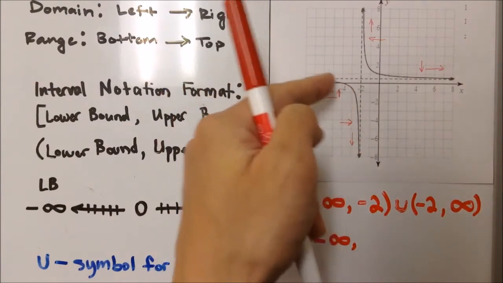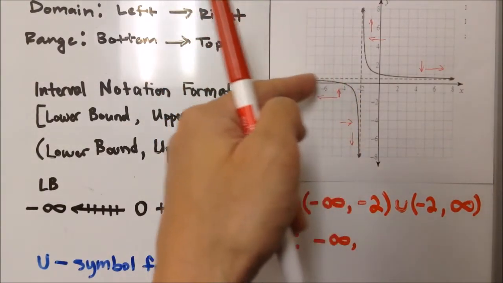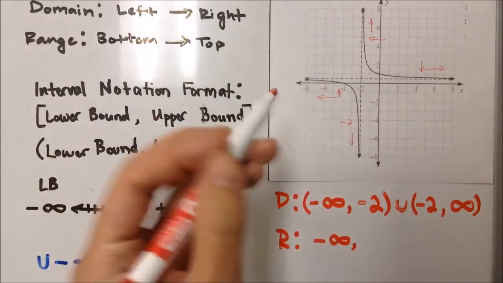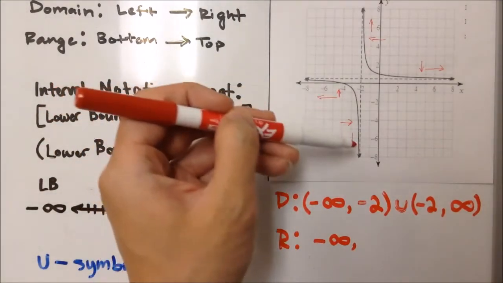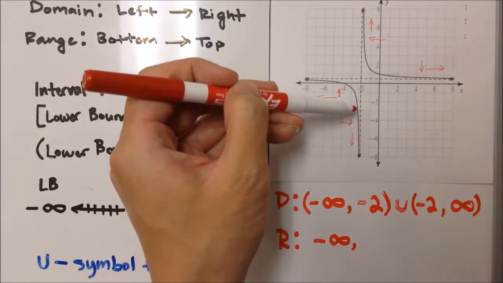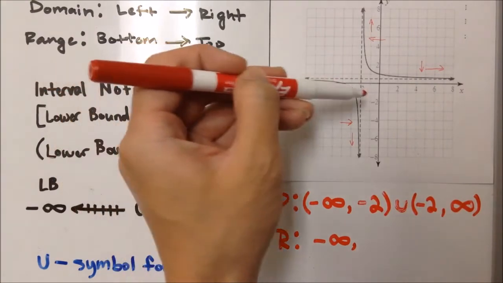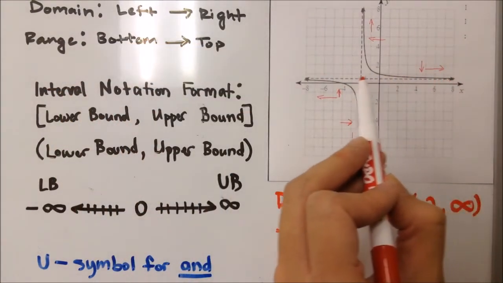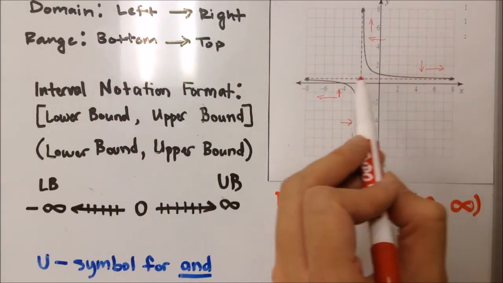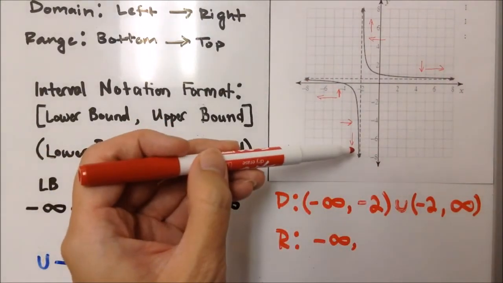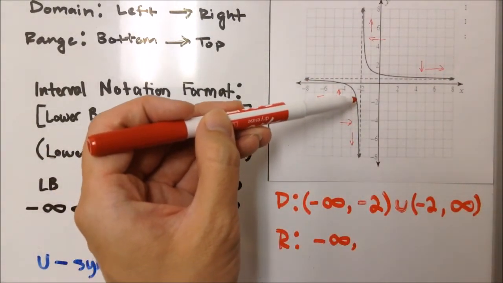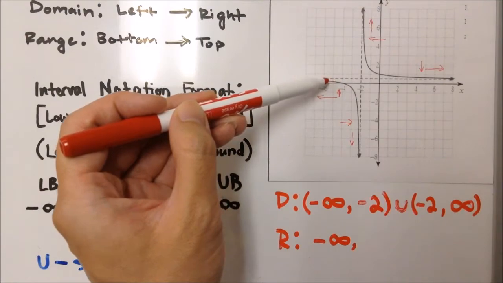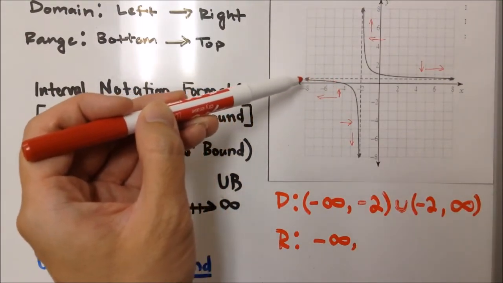Now again, we're doing the range for the left graph. As you can see, it's going upward, but there's another dotted line, so that's the horizontal asymptote. It's going upwards, upwards, upwards, and then curves towards the asymptote.